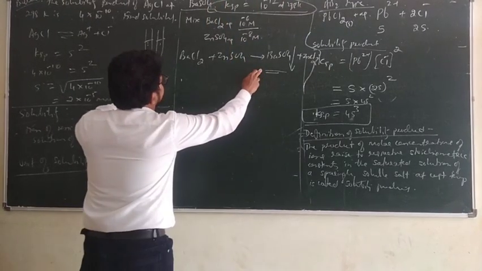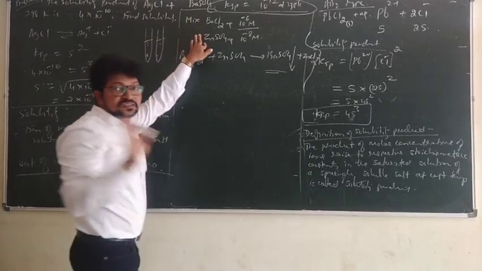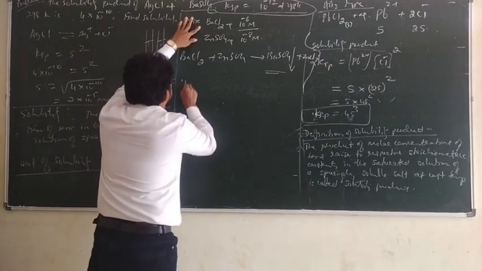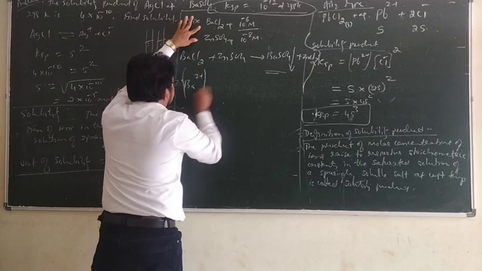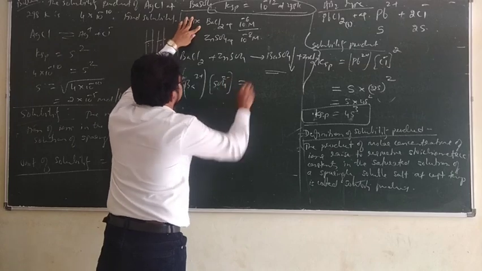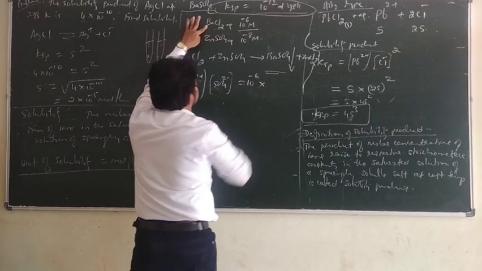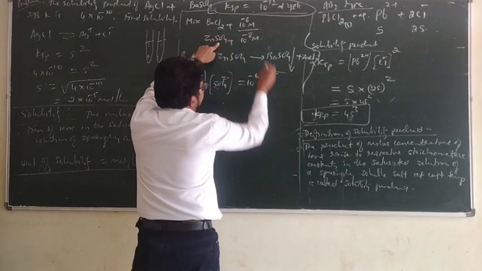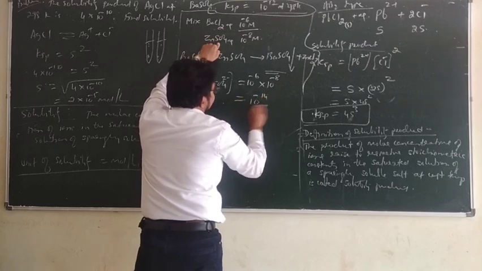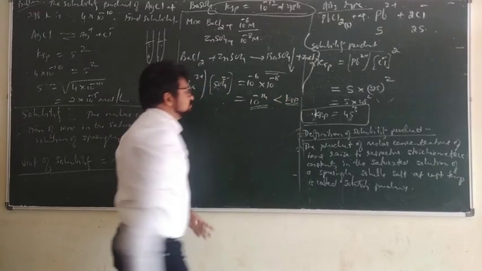I will take the ionic product. Both are salts, strong electrolytes, 100% ionized. Barium ion concentration into sulfate ion concentration. Barium ion concentration is the same as barium chloride, 10 raised to minus 6. Sulfate ion also the same, 10 raised to minus 8. The product is 10 raised to minus 14, less than KSP.